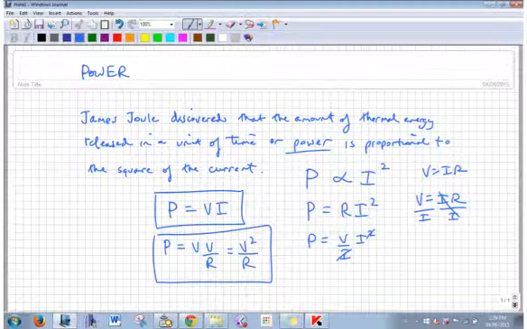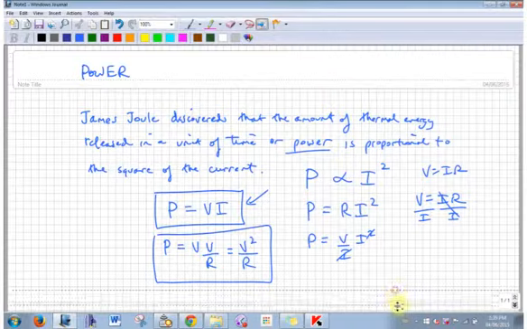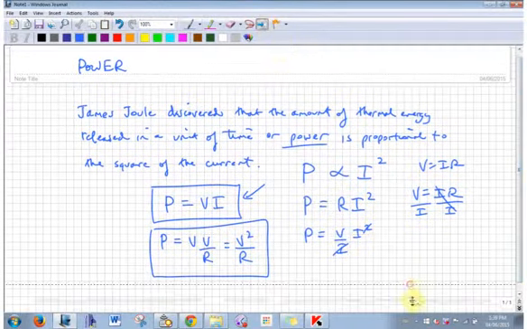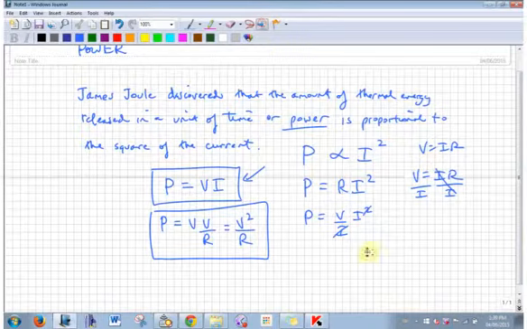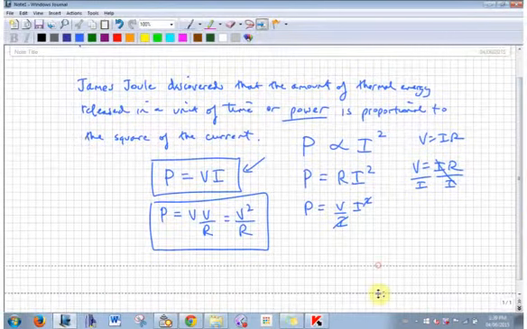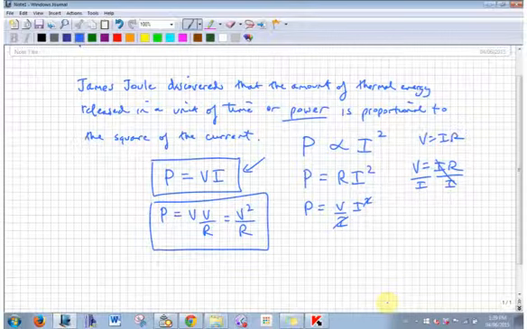Like I said, only one is on your formula sheet, but you're in Physics 12. You should know how to rearrange that, right? Your choice.